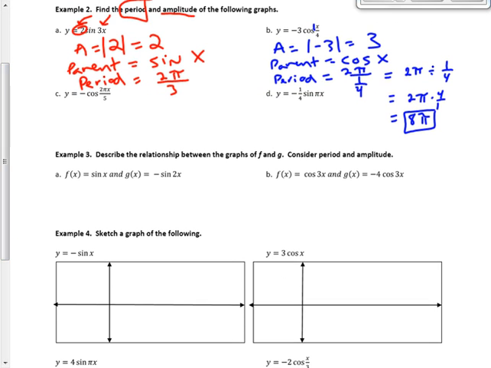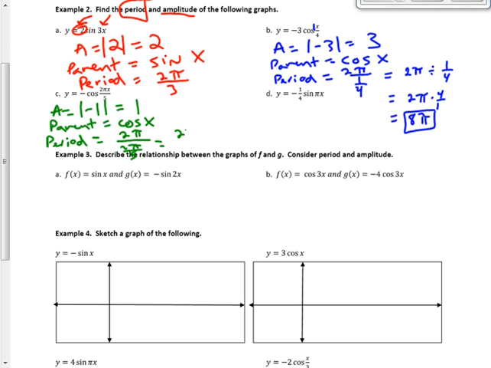So then the next one here, we've got an amplitude. There's a -1 in front of the cosine. The parent, I just named it, is cosine of x. And then the period is equal to 2 pi divided by the number that's in front of the x, which is 2 pi over 5.